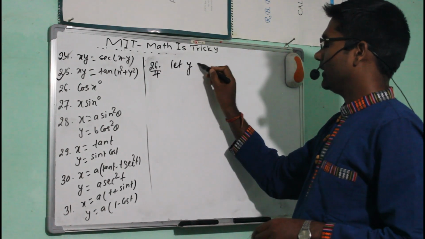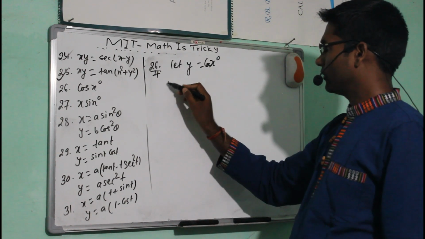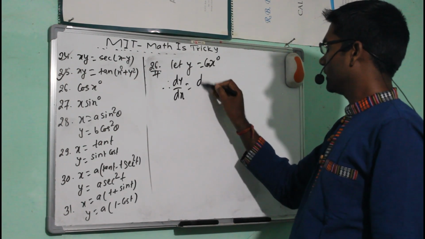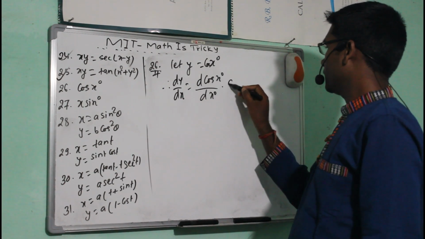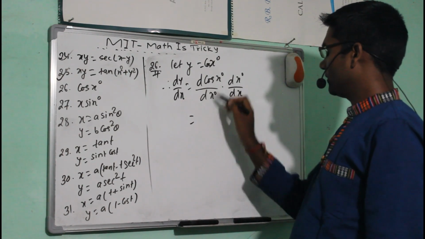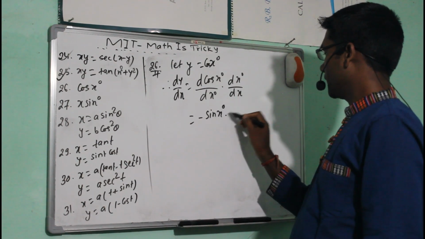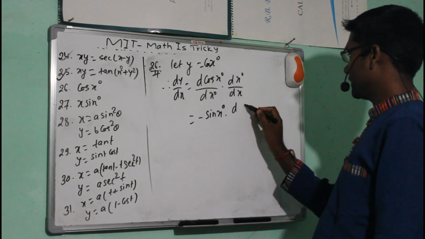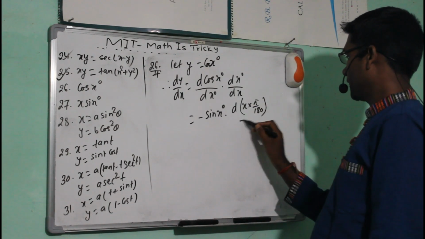Let y equal cos x degree. Then we can write dy/dx equals d(cos x degree)/d(x degree) into d(x degree)/dx. The derivative of cos is minus sine x degree, and for the derivative of the other part, let's change the degree into radian, so x into pi by 180 by dx.